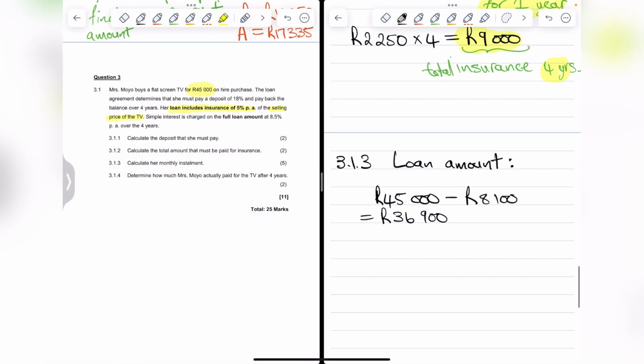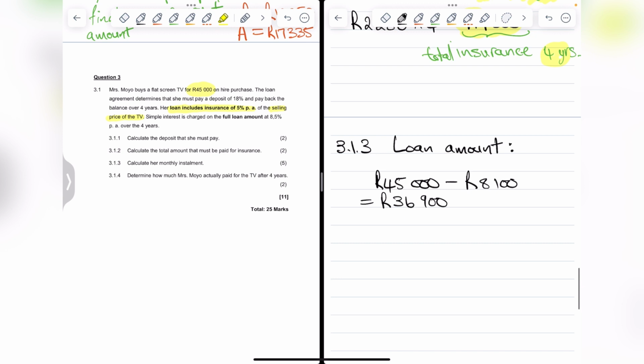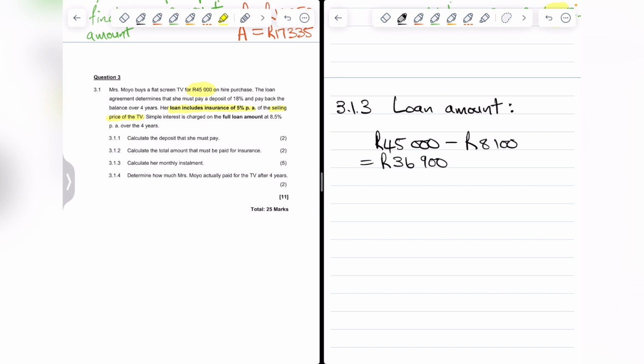Now, the other part that you usually like to forget is calculating simple interest on that loan amount. So the loan amount is 36,900 Rand, and they are saying here that the simple interest is charged on the full loan amount. Okay, so now let's have a look here at why did we highlight the full loan amount.